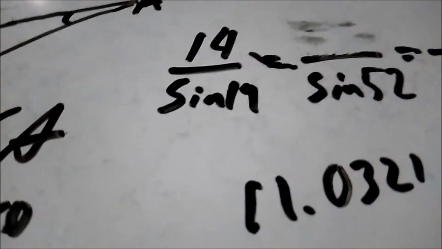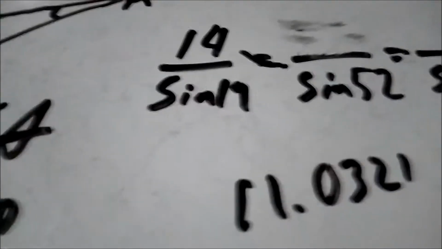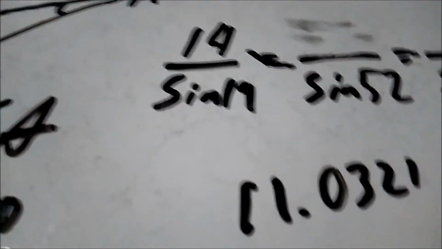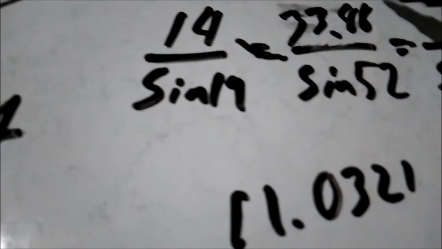11.0321 divided by sin 19 is equal to 33.88. Not degrees, you shouldn't put degrees, because we're going to take the measurement of this side. It's not an angle, so we should put millimeters on it.